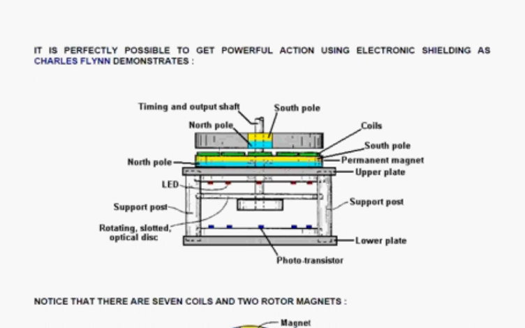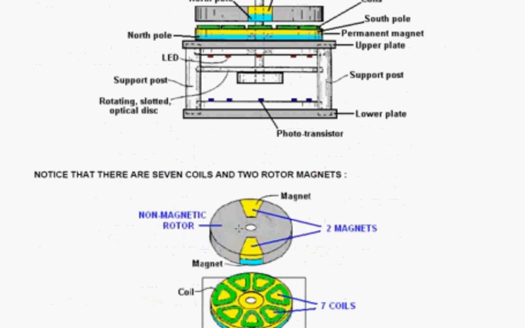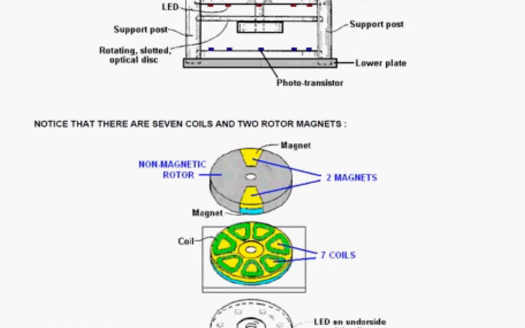That's going across here. And he has a rotor attached to the output shaft, which is above it. Now, the rotor above it has got just two magnets in it. And the magnetism is manipulated by 7 coils placed on top of the disc magnet.